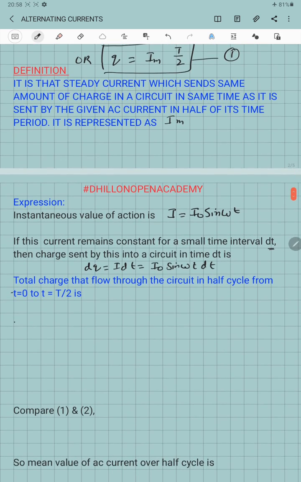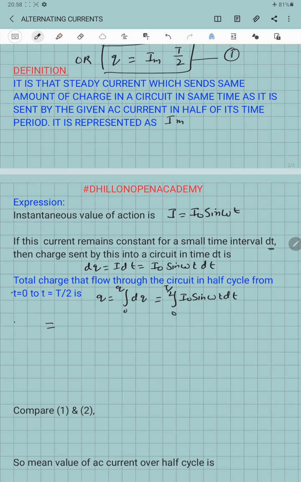This is the charge delivered by the current in time interval dt. We want to find the charge delivered by this current in half a cycle, that is from 0 to T by 2. So the total charge will be the integral of dq from 0 to Q, which will be the integral of I naught sine omega t dt from 0 to T by 2.